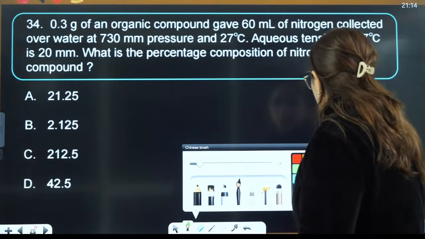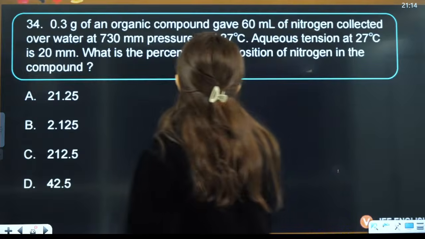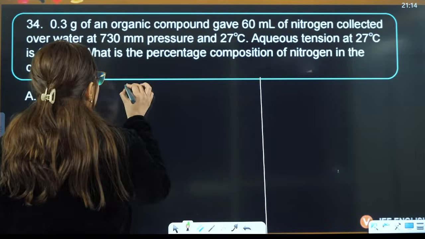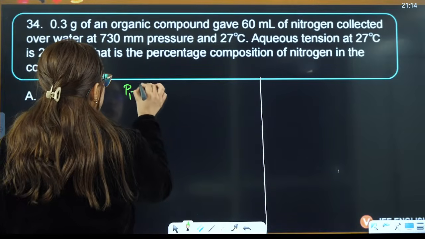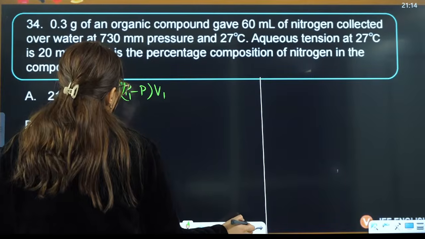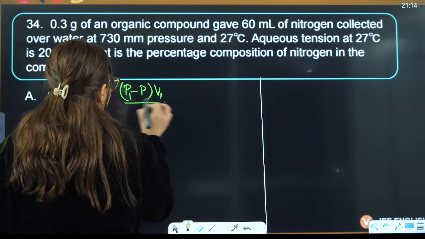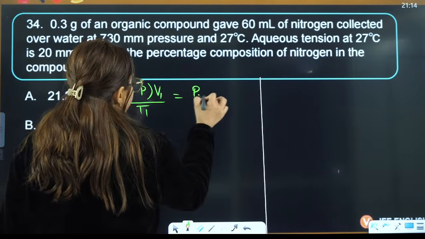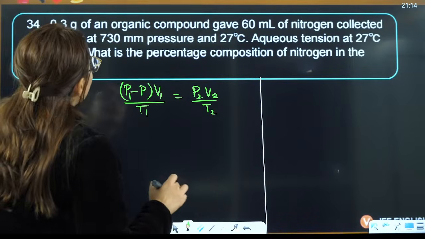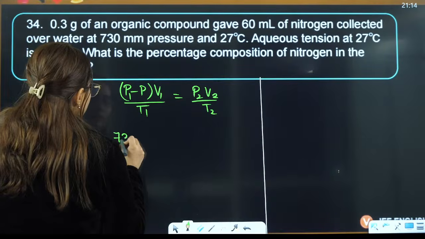So now it is the Dumas method. Now here, what you will do? It's a very simple method. You will have to say P1 minus P, so P1 V1 by T1 equals P2 V2 by T2. P1 is the pressure given in the question, that is 730.